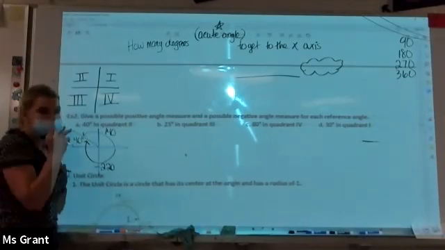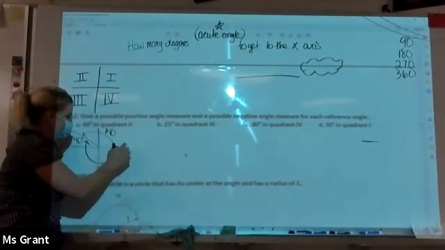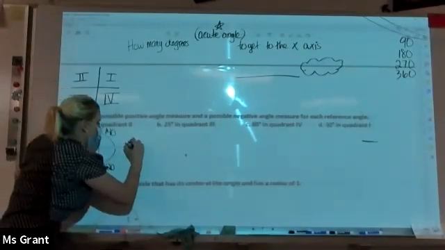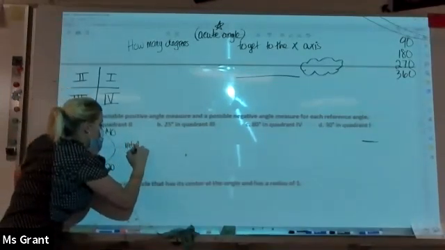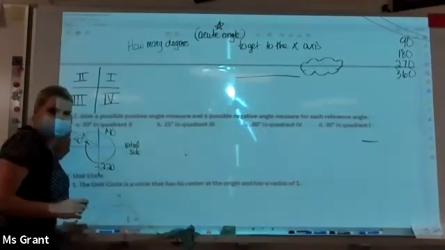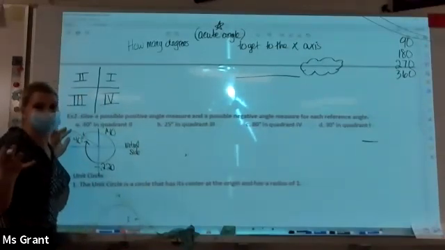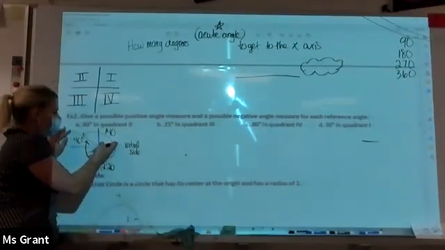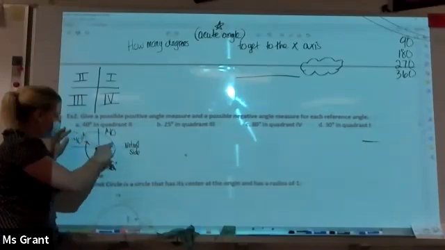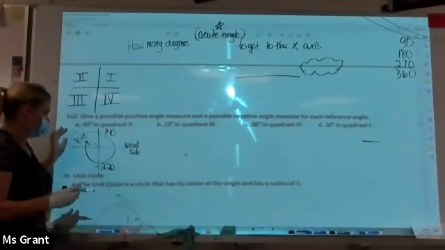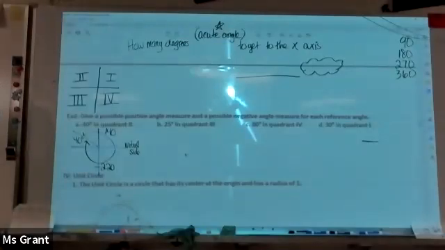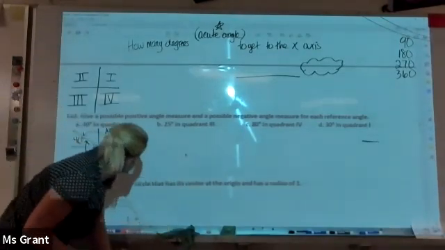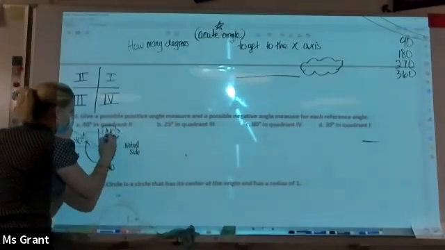I did. Then I went to my initial side and said, how many degrees to get there? Well, positive is 140, negative is 220. These two numbers are my answer.